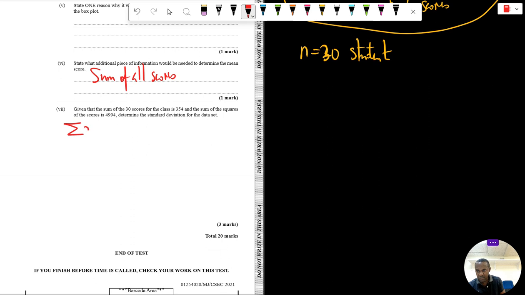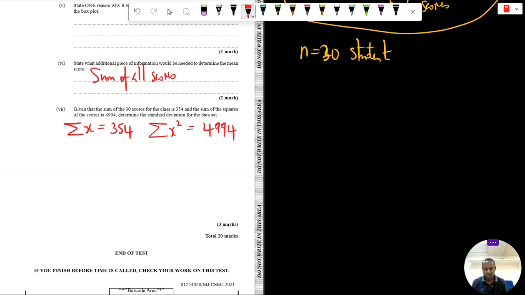Sigma x is equal to 354, and the sum of the squares of the scores is 4,994. So we have sigma x squared equal to 4,994. They want us to determine the standard deviation for the data set.